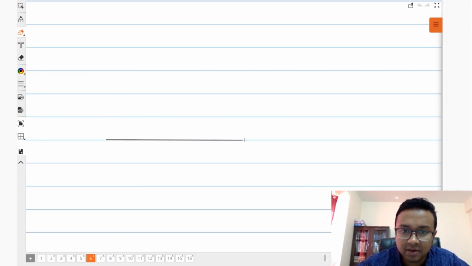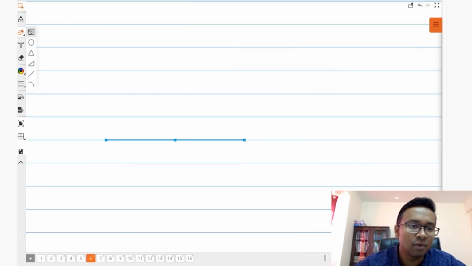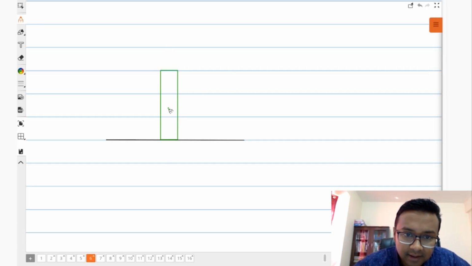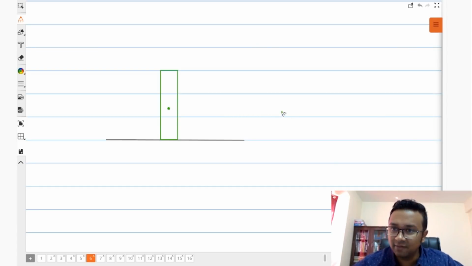Say this was the horizontal surface on which this block was kept. So let's say this is the block initially, and this is where the center of mass is lying.